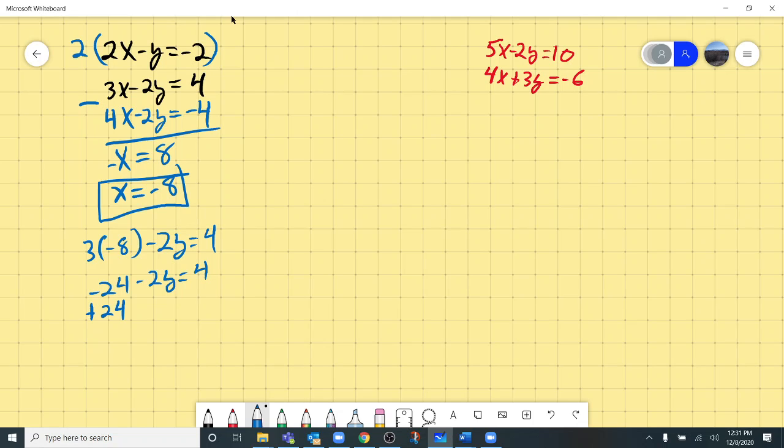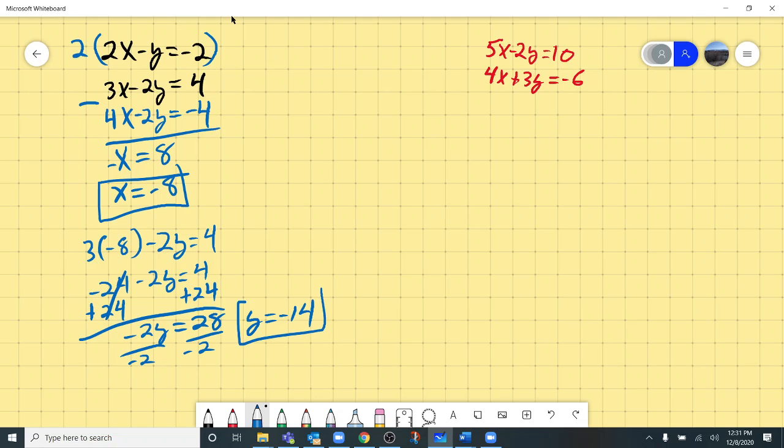Add 24 to both sides. And we get negative 2y, because those cancel, is equal to 28. Divide both sides by negative 2. And y equals negative 14. And so my ordered pair would be negative 8, negative 14.